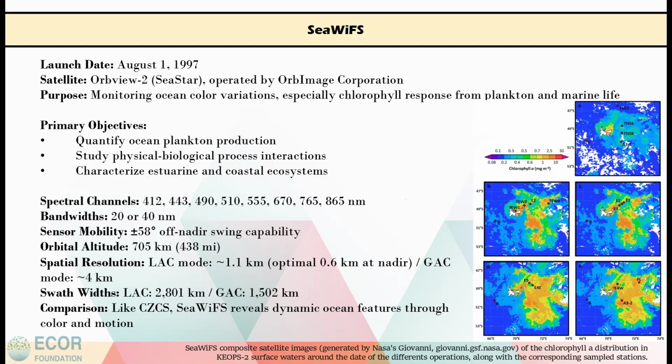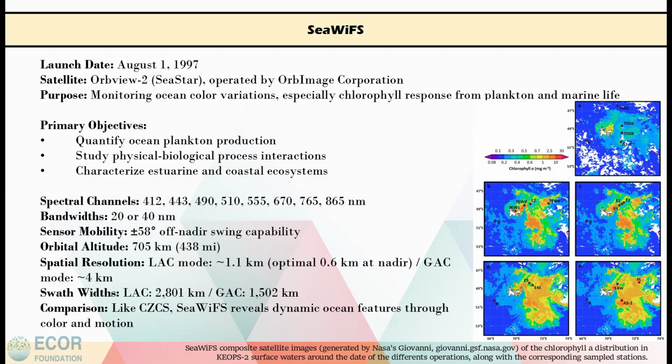Here are the spectral channels, all in nanometers, ranging from 412 to 865. Bandwidth is 20, or another option of 40 nanometers. Sensor tilt is plus or minus 58 degrees, and the orbital altitude is 705 kilometers.